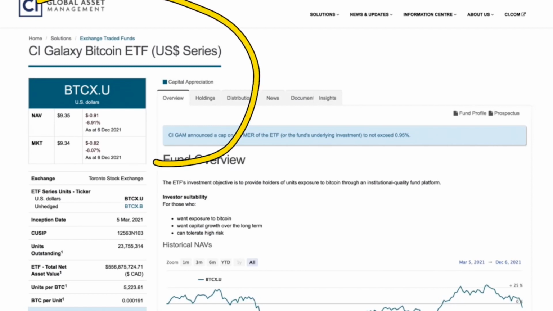And then there's also ETFs that will hold things, not necessarily investments, but things in general. What I mean by that is there are ETFs that will hold physical gold. For example, GLD is an ETF that holds gold, while something like BTCX.U will hold Bitcoin in US dollar amounts.